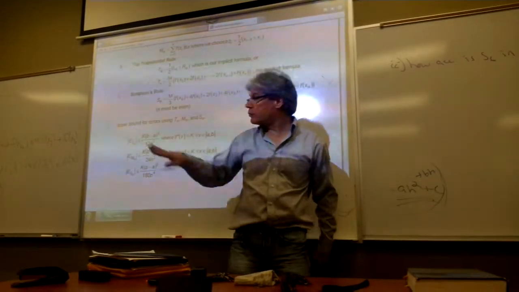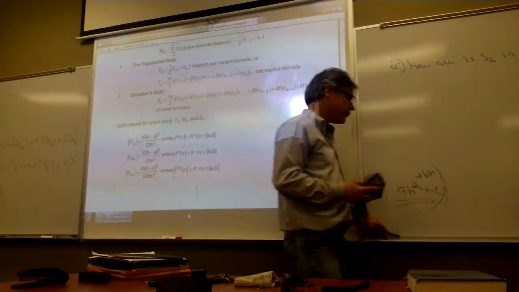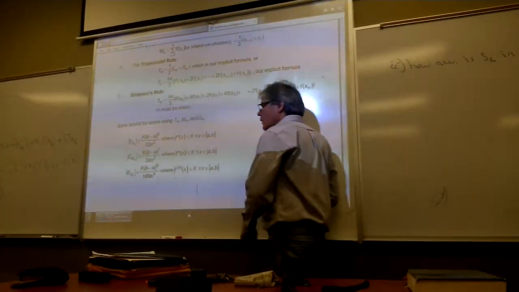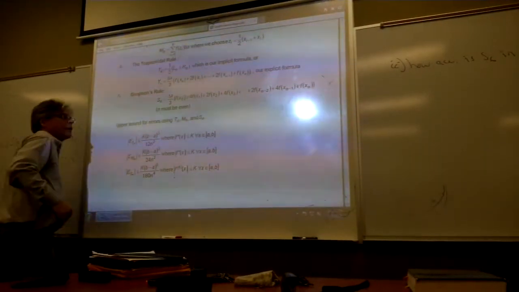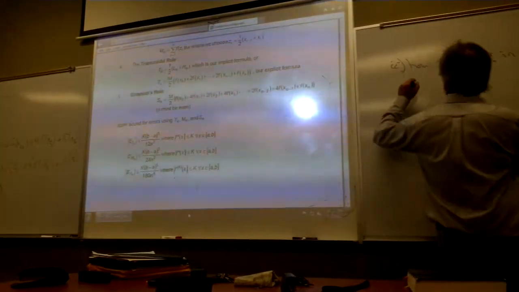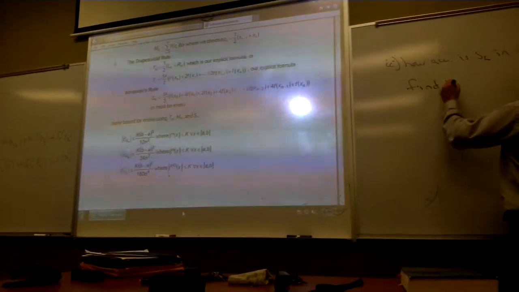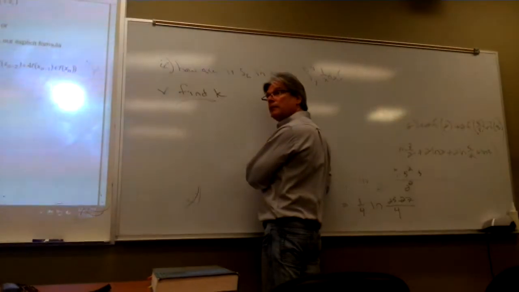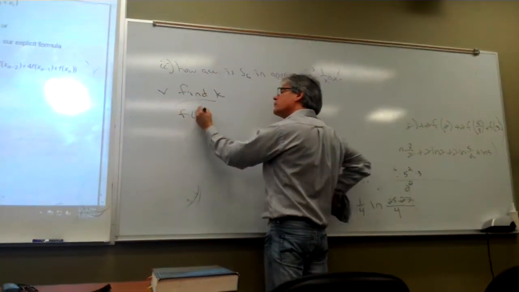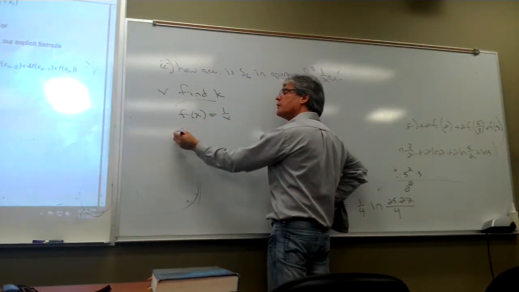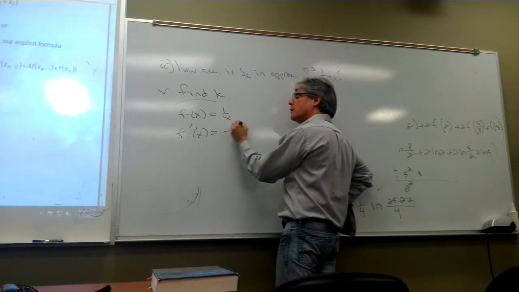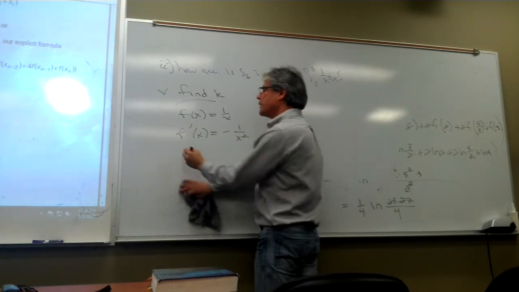So for me to answer part 2 of this first question, before I dive into my next question, let's you and I find the K value. Now to find K, here's my original function. Here's the derivative. Here's the second derivative.